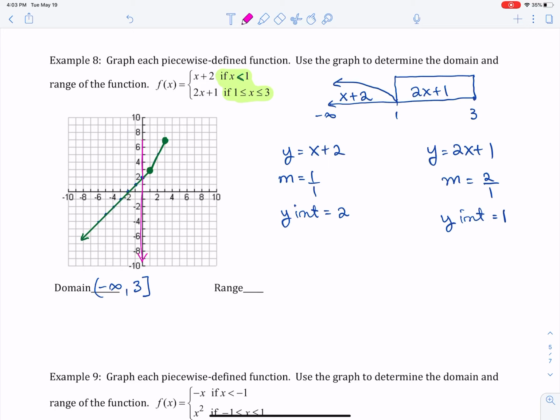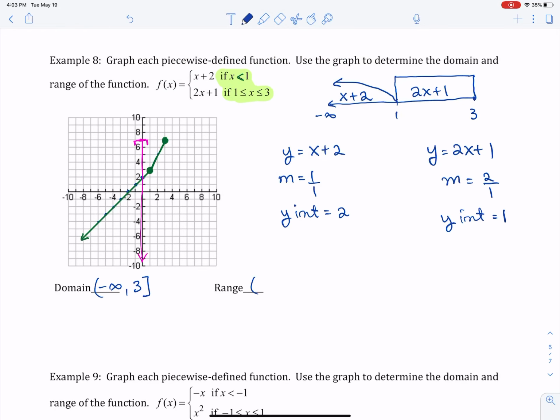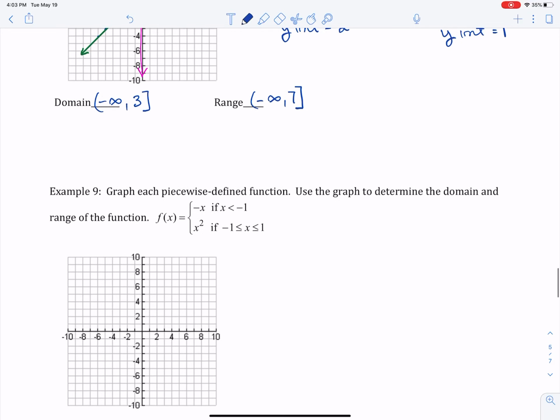Those values down the y-axis continue to infinity, but up here it's gonna stop at that place, which is 7, I think. And this value is included because of that full dot. So the range starts from negative infinity and goes up to 7.